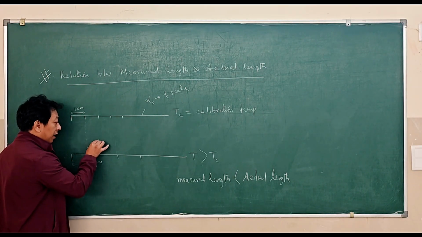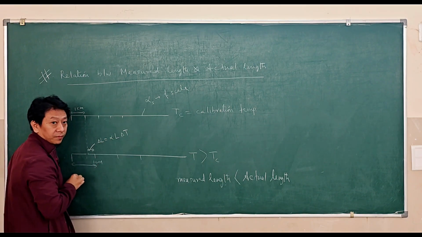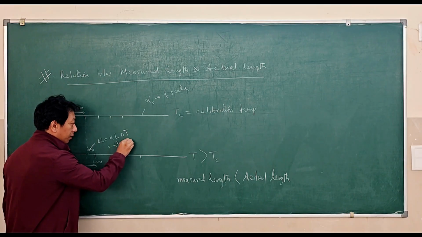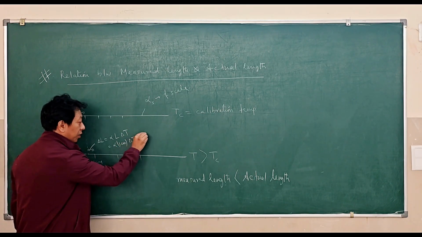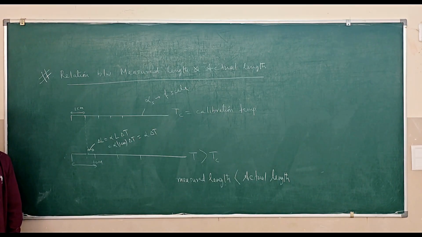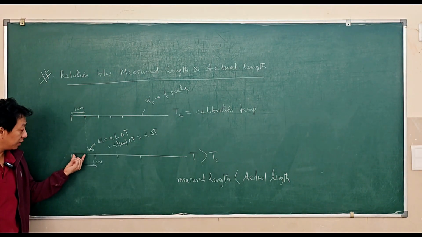So what will be delta L for that 1 centimeter? Alpha L delta T. What is L? 1 centimeter. So this is alpha delta T in centimeter. So the original 1 centimeter expanded by this much.